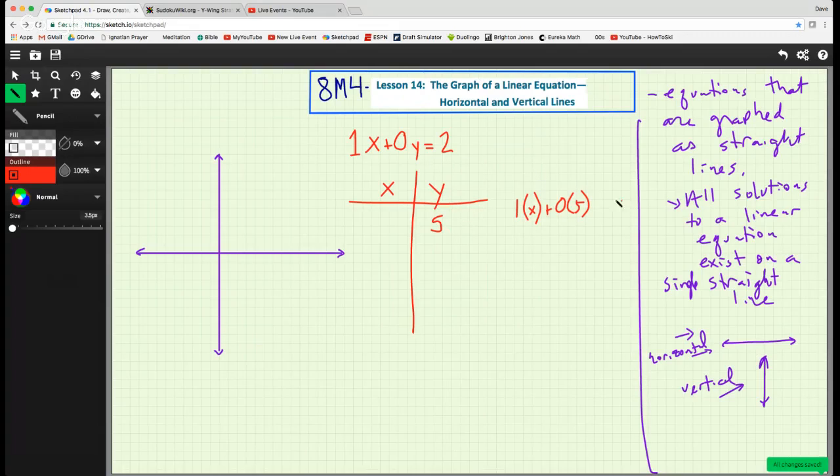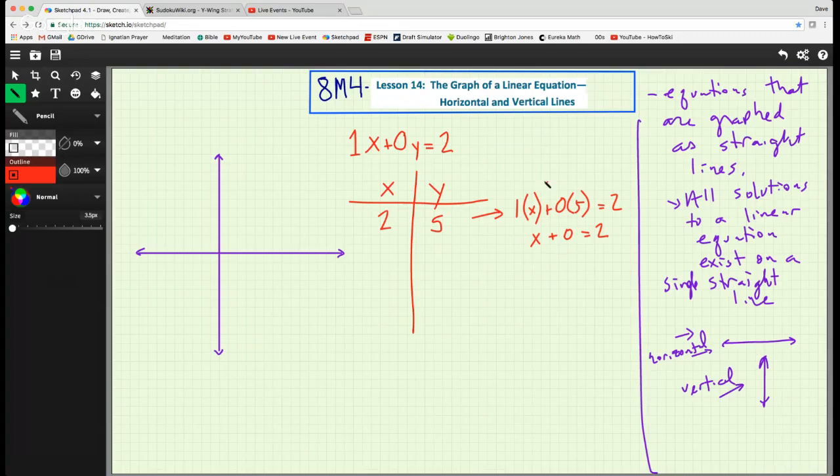We know what our y is, equals 2. And then we solve for x. This is the same thing that we learned in past lessons. Well, this is the same as 1 times x is x plus 0 equals 2. So if y is 5, then x is 2.